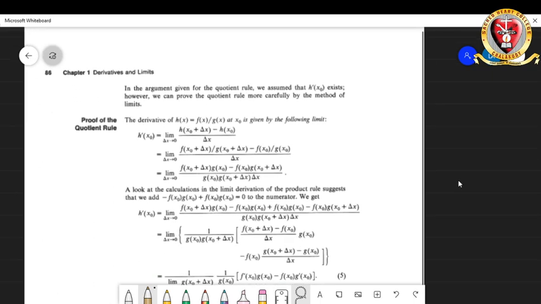So in the same manner we proved the product rule, here also we have the proof of the quotient rule.